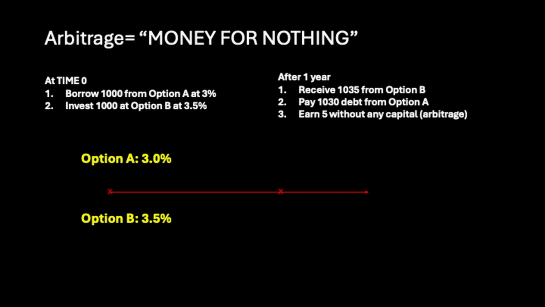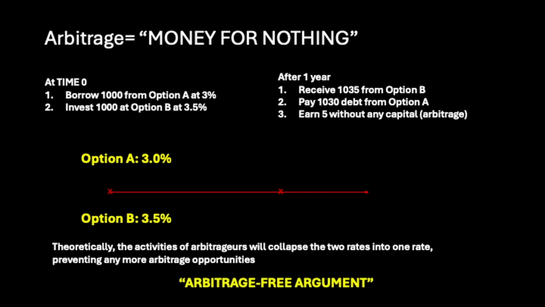After 1 year, the proceeds of 1,035 will be redeemed and the debt of 1,030 paid off, leaving a profit of 5 with zero capital risk, meaning it's a pure arbitrage profit.